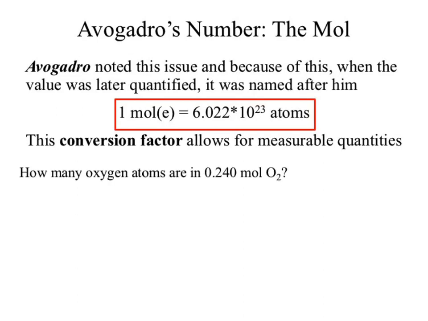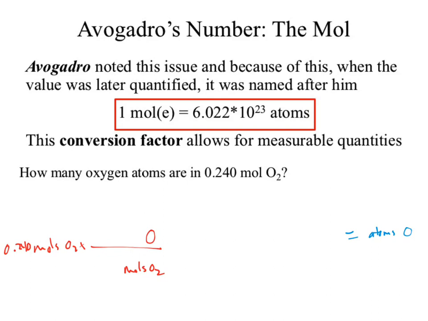Yeah, that's true. Okay, so here, we'll write it out really fast. Moles, oxygen atoms, sorry. What do we start with? Okay. Yes, there's a 0 there. I'm going to go ahead and focus on the mole unit, moles of O2. I want to convert it into oxygen.